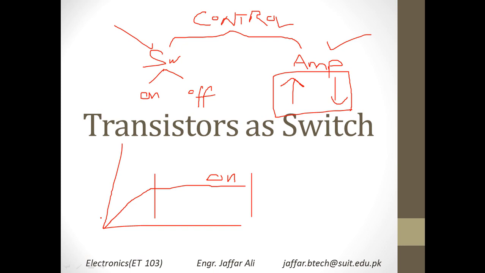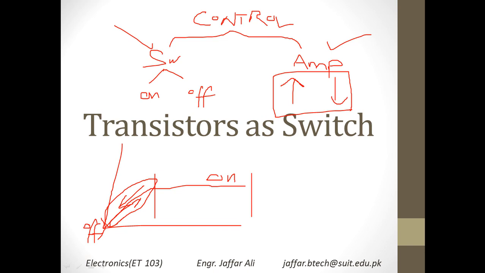Before that, at this point it was off, or you can say the cutoff region, or switch off region. And this is basically your amplification. You can say that you are increasing, or you can decrease as well, using a transistor.